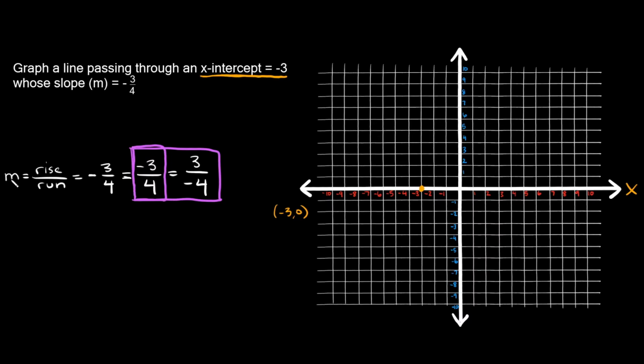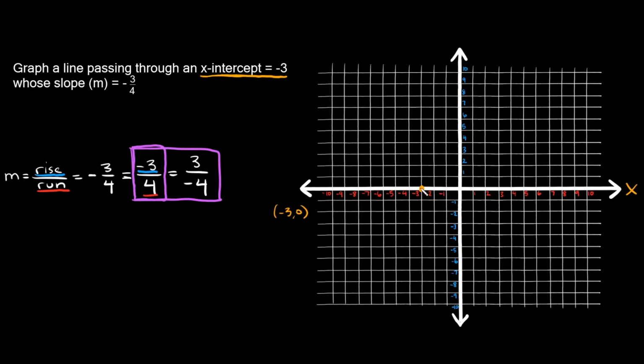Remember, the most basic definition of your slope is the rise over the run. The rise tells you how many spaces you move up and down, and the run tells you how many spaces you move side to side. In this case, we're going to go down 3 spaces because we have a negative sign, and then over 4 to the right.